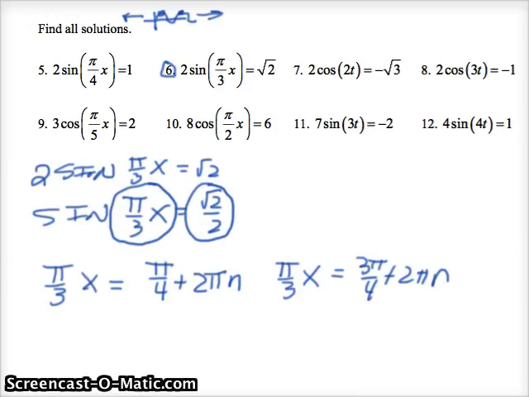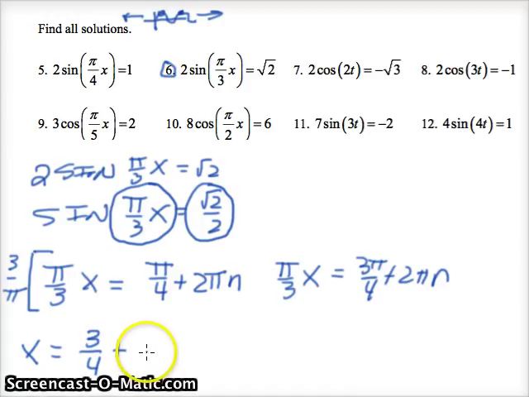Okay. Now, remember, we have to solve this for x. So we're going to multiply both sides by 3 over pi. Now, when I do that on the left side, I get x is equal to, this is going to be 3/4 plus, let's see, what's going to happen here?